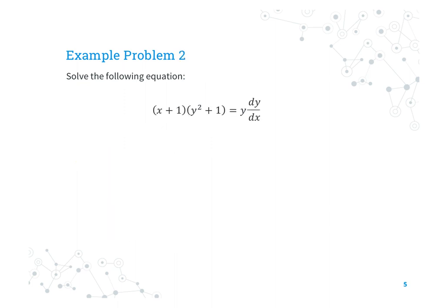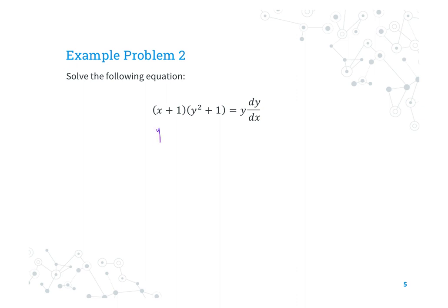This problem looks a little more complicated. Here we have a function of x and a function of y on the left, and our derivative is on the right, also with a y. First things first, I like to rewrite it where I have all of the derivative on the left.